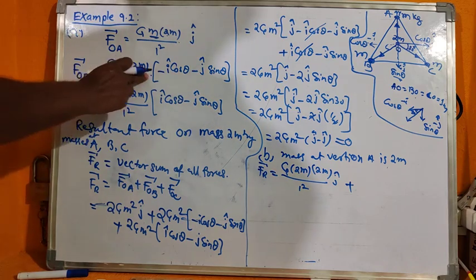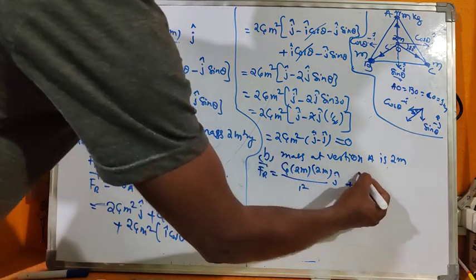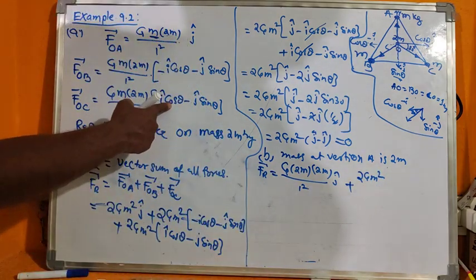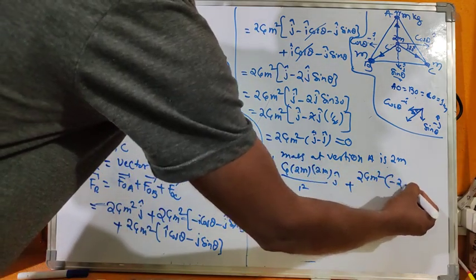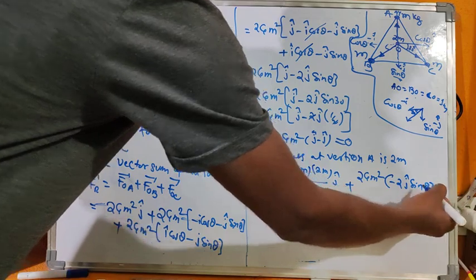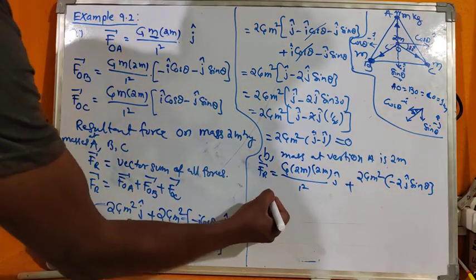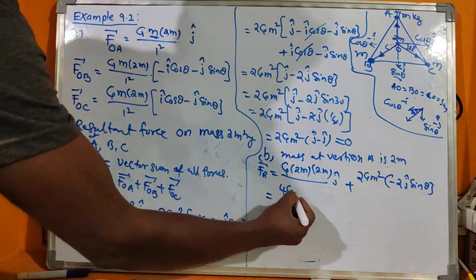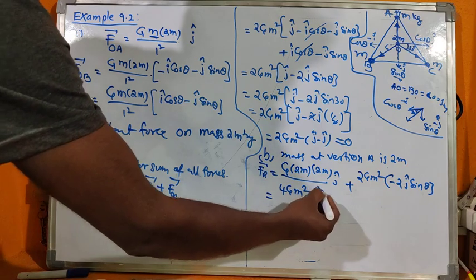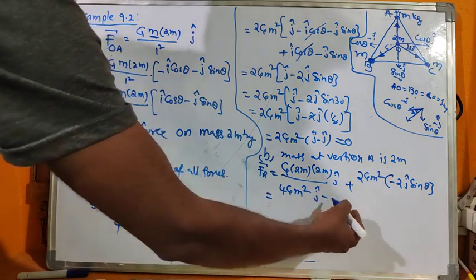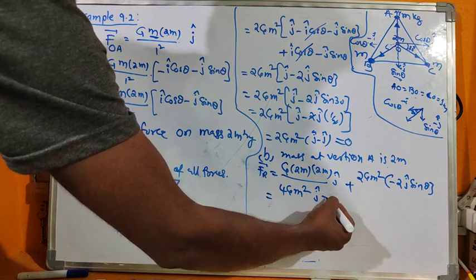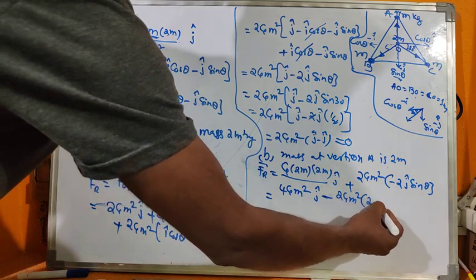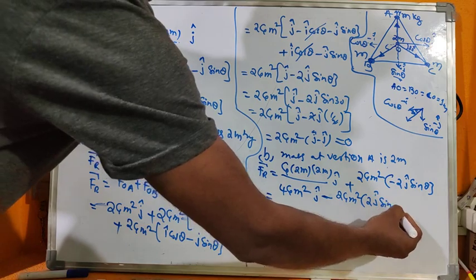So it is 2G m square, then i cos theta cancelled, and it is equal to minus 2j cap sine theta. Then 1 square means 1, and 2 into 2 is 4, so that is 4G m square j cap minus 2G m square of 2j cap sine theta.